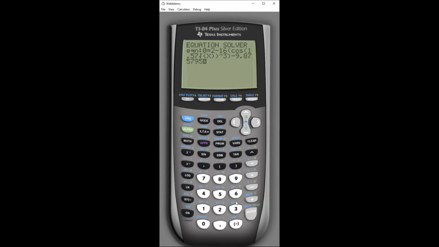Let's start with the initial value between 1 and 4, so let's start with 2.5 and then do the solving. And the answer is 2.497. So the answer is 2.497 centimeters.